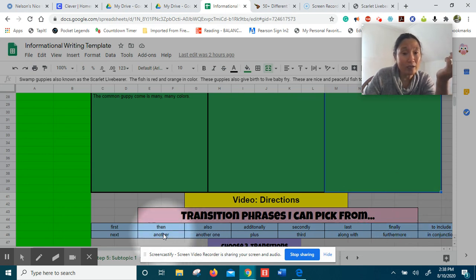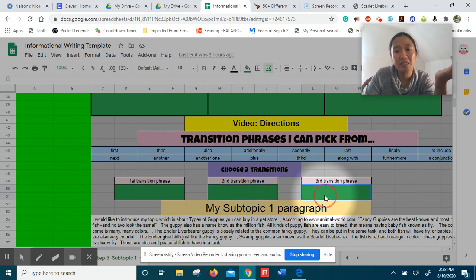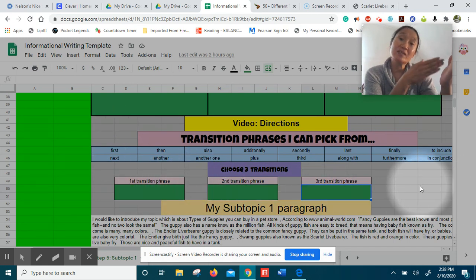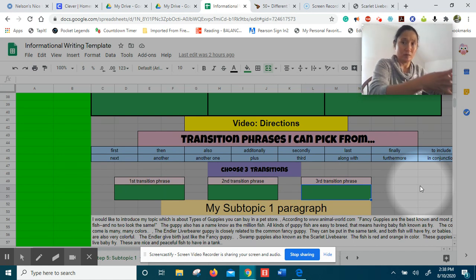Okay, so I could pick first, then, also, and all I have to do is just pick the transition phrase and stick them here. Pick three, stick them here. Again, they need to be serialized. That means they need to go in order. First, second, third. They have to be in some sort of order, meaning I have something that comes in order. I don't put them out of order.